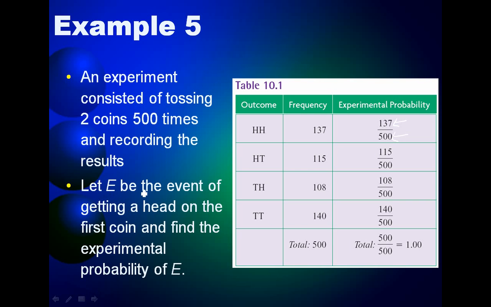If we let E be the event of getting a head on the first coin, find the experimental probability of E. A head on the first coin would be this one or this one.